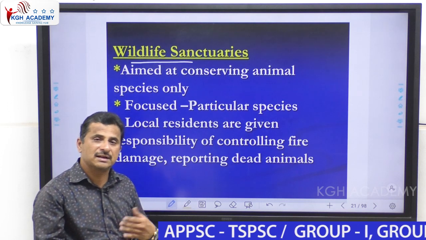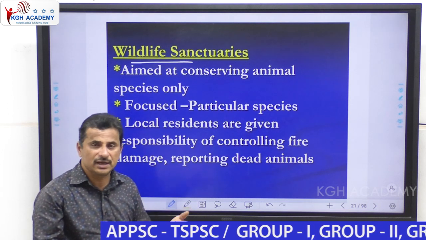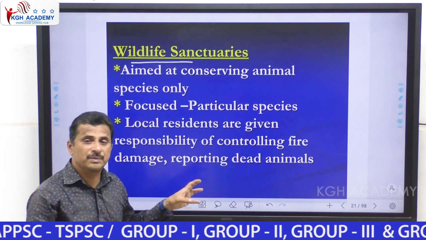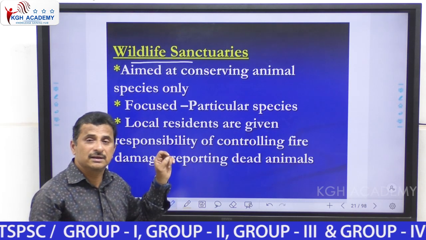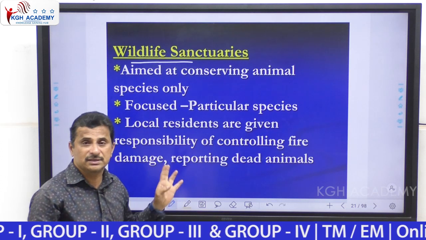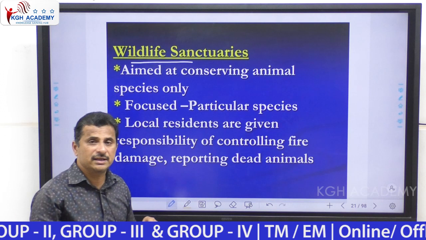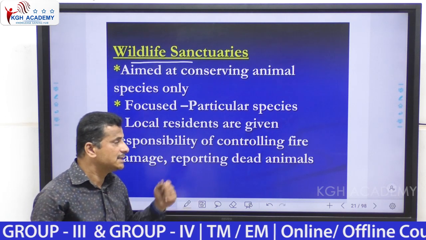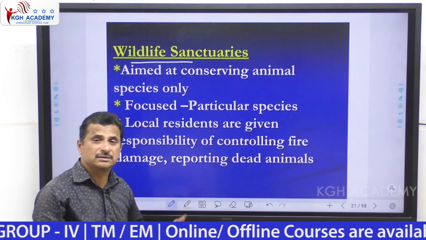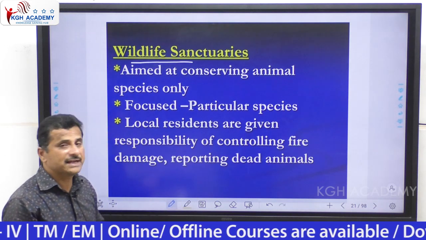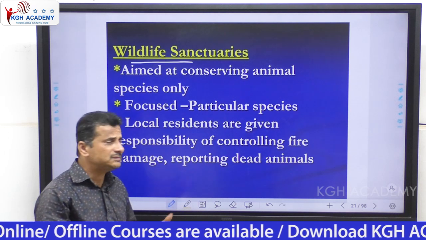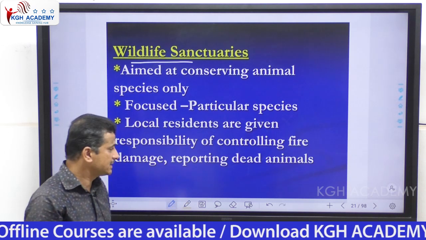In national parks there is strictly no entry for locals, but in wildlife sanctuaries local people can enter and report dead animals to higher officials and government officers, and they can control fire.